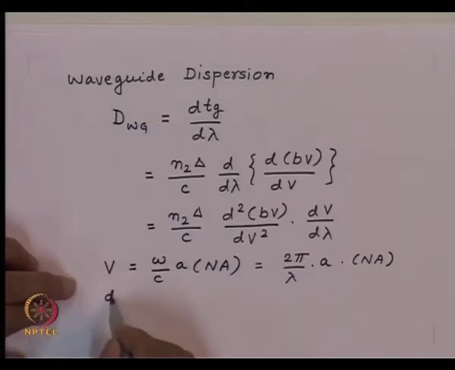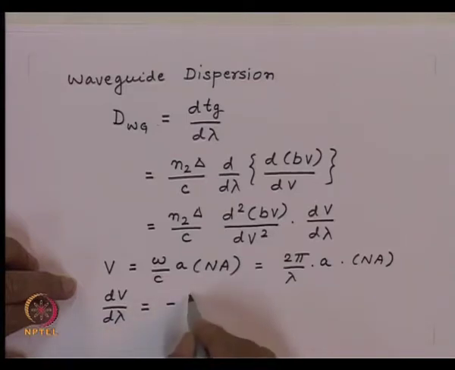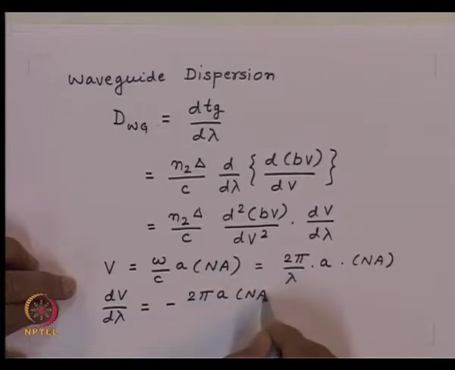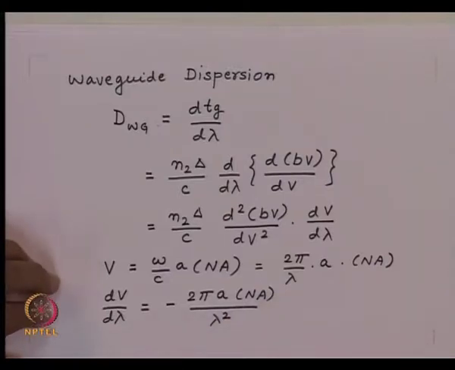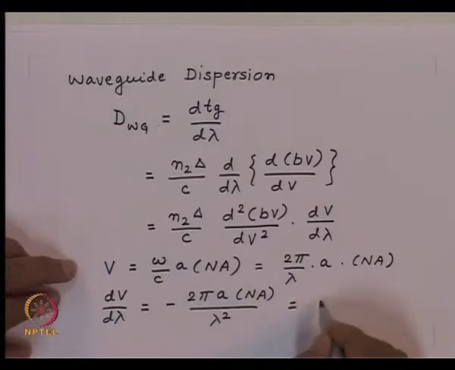So dV by d lambda will be equal to minus 2 pi A into numerical aperture upon lambda square. If we give one lambda here and one separate out, 2 pi A numerical aperture upon lambda will be nothing but again the V number. So this quantity can be written as minus V divided by lambda.